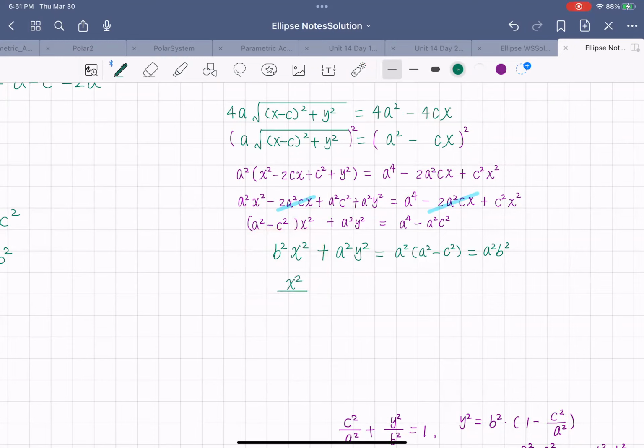You divide by a squared b squared, right? Yes. So b squared cancels, you have a squared left, yes? And then this term divided by a squared b squared becomes y squared over b squared. A squared b squared over this guy is how much? 1. Makes sense now?